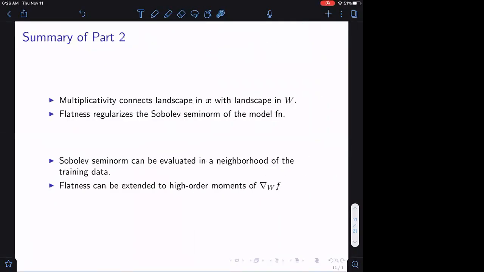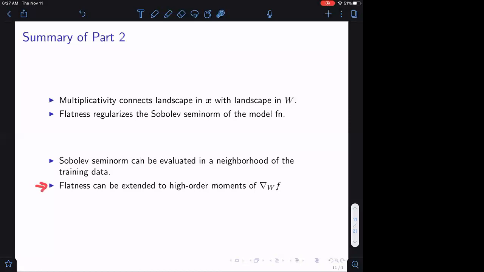Okay. So this is part two, which came first. Let me just summarize a little bit. The key point is that by studying the multiplicative structure of the neural network, we showed that the landscape in X can be related to the landscape in W. More precisely, we can bound the gradient in X with the gradient in W. We can also extend this relationship into the neighborhood of my training data.